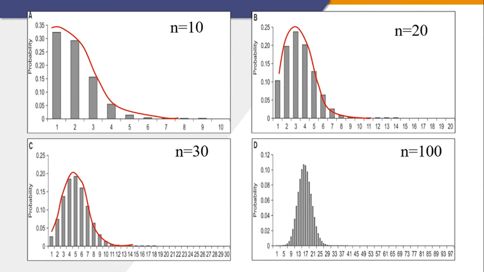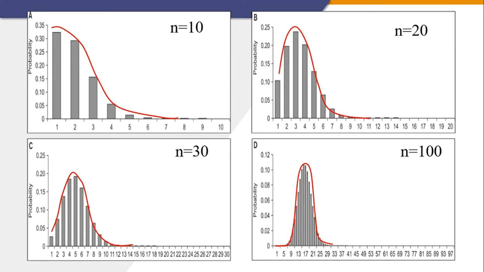And kapag naman 100 na yung ating sample size, ganito na siya. Nagiging normal distributed na siya. So, nagiging bell-shaped na siya. So, observing the 4 illustrations presented, as the sample size increases, it approaches a normal distribution.